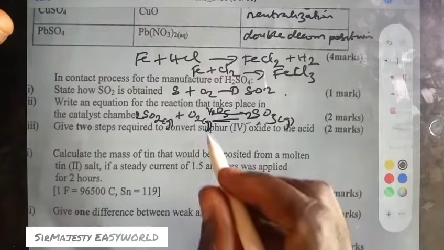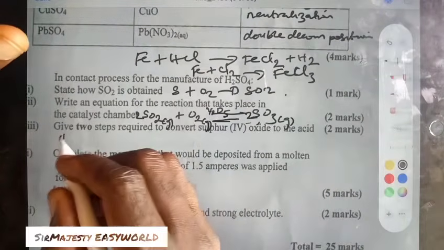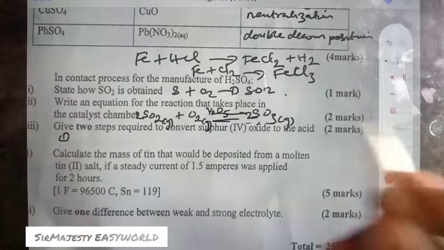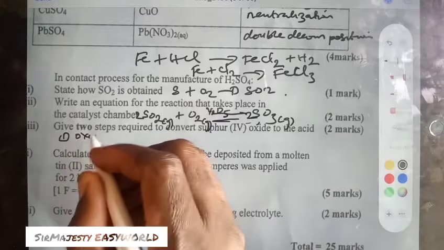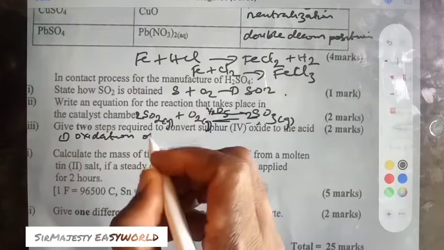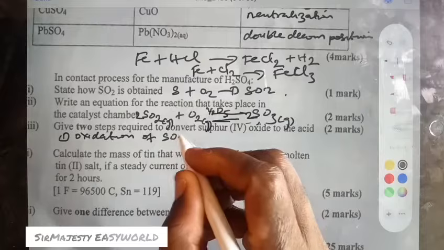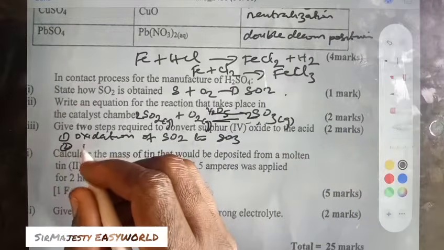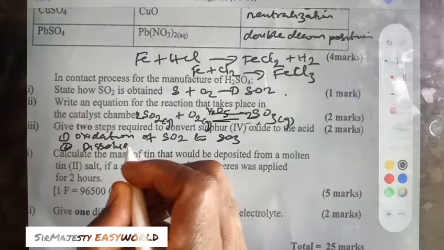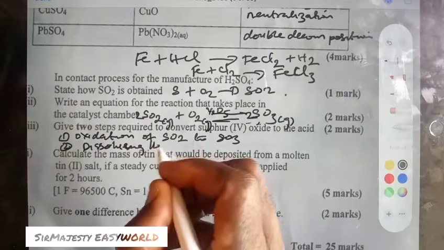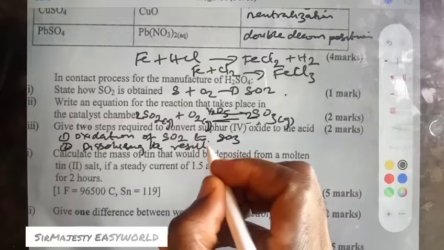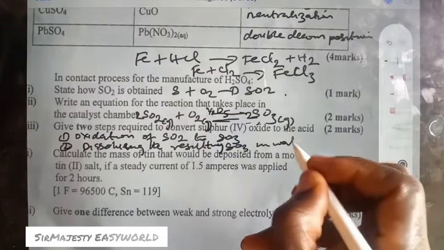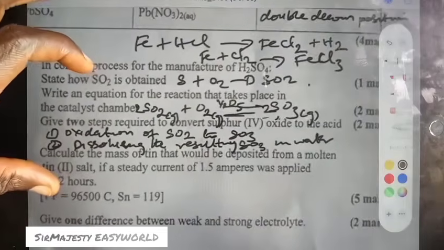The 2 steps: number 1 is to first oxidize it to SO3, oxidation of SO2 to SO3, then dissolving the resulting SO3 in water, though in actual sense you don't dissolve it directly.